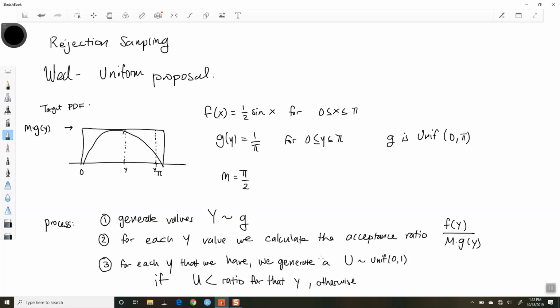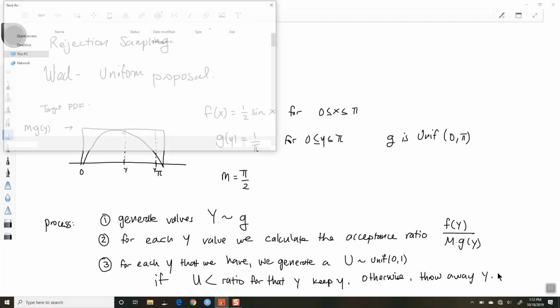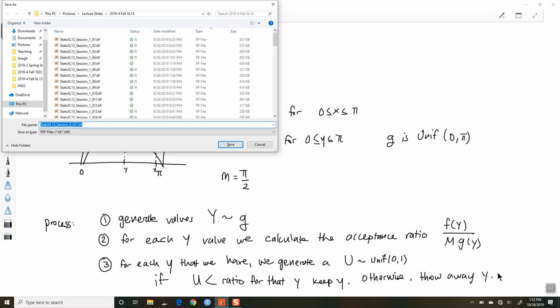So if u is less than the ratio for that y, keep y as your sample, okay? Otherwise, just throw it away. So this is what we covered on Wednesday.